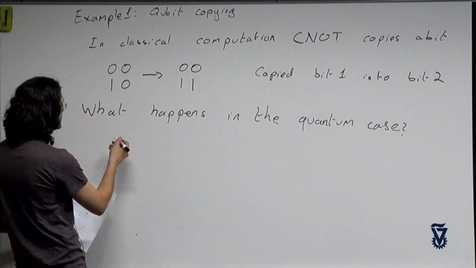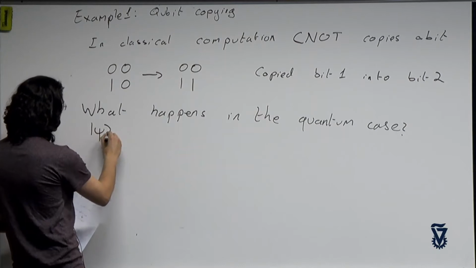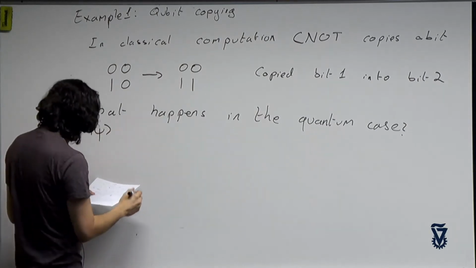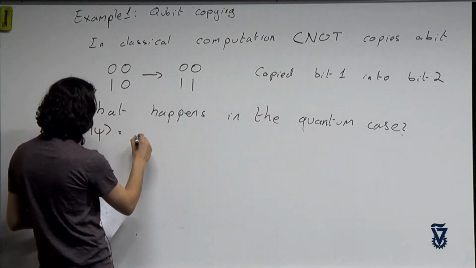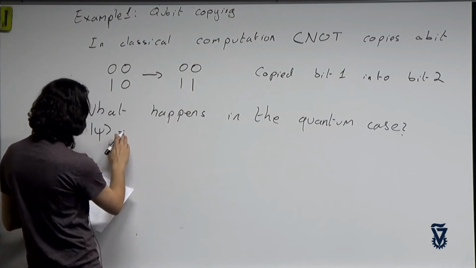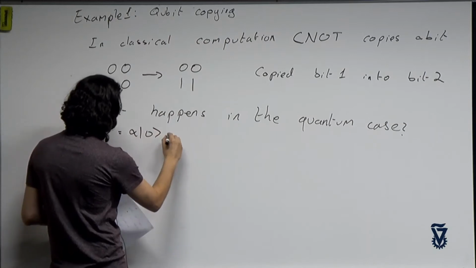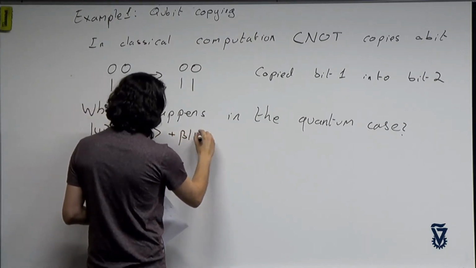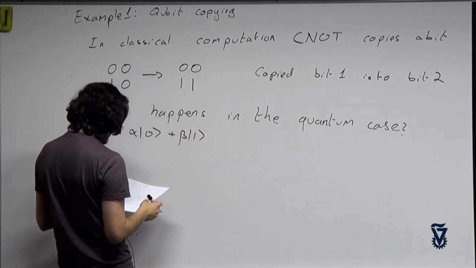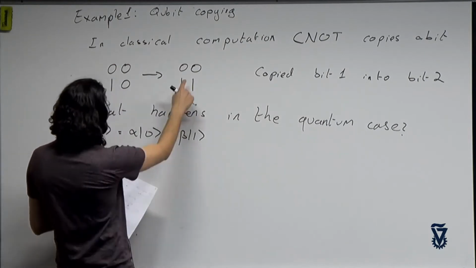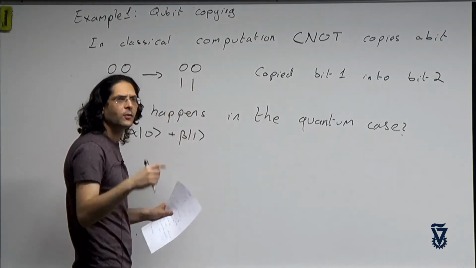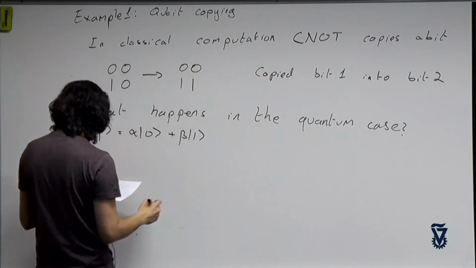So we're going to start with some psi. This is the state that we want to copy. It's a qubit. So this psi is going to be some alpha 0 plus some beta 1. And we're going to have a friend qubit that we want to copy psi onto.